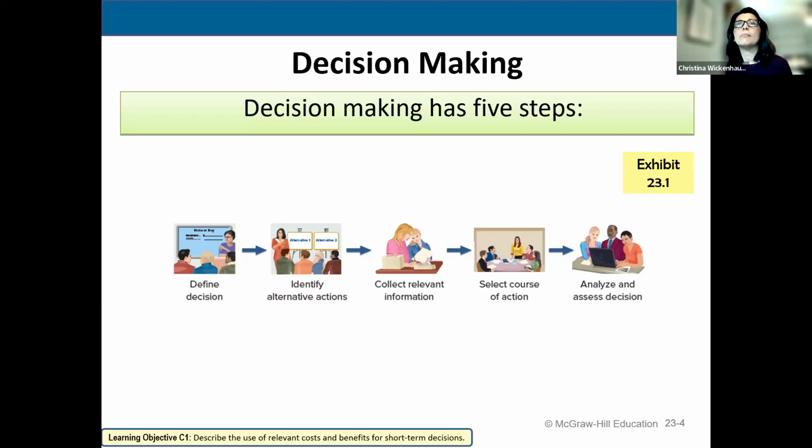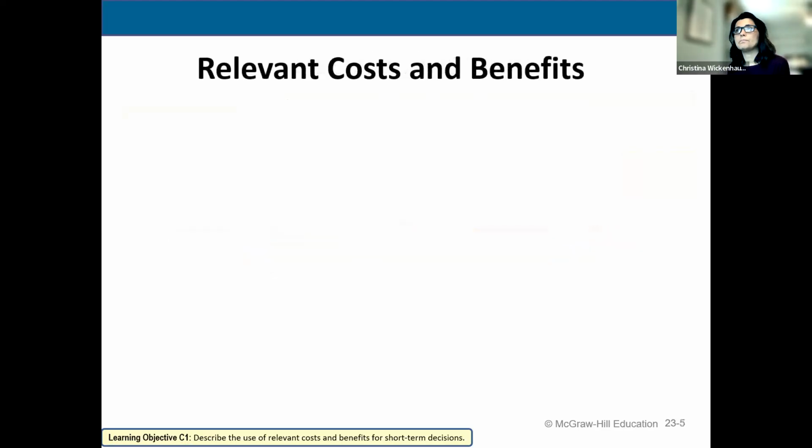So we're going to go ahead and make our own cheesecakes. So we're going to analyze that information once we've selected it, look over it again, make sure that we have a game plan in place. And then we're going to monitor that process and see how we did. Did we make a good decision? So that is your decision-making process.